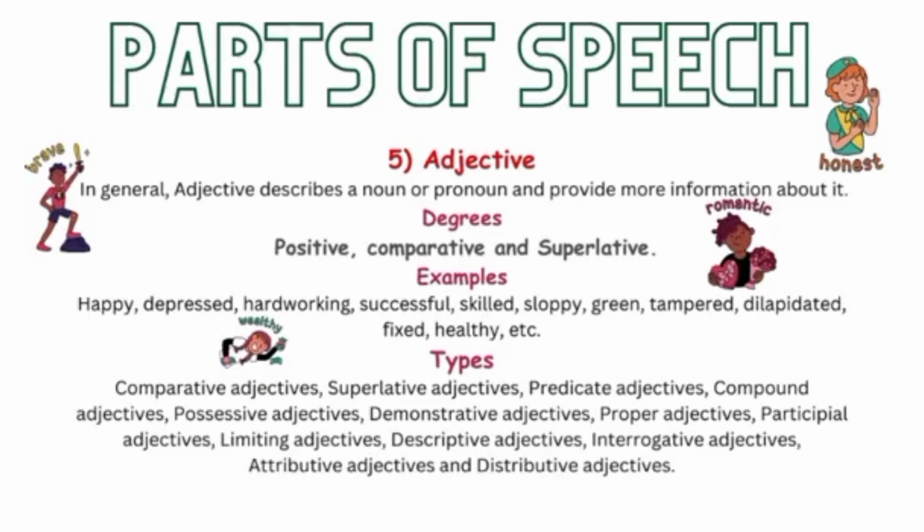The types of adjective are comparative adjectives, superlative adjectives, predicate adjectives, compound adjectives, possessive adjectives, demonstrative adjectives, proper adjectives, participial adjectives, limiting adjectives, descriptive adjectives, interrogative adjectives, attributive adjectives, and distributive adjectives.